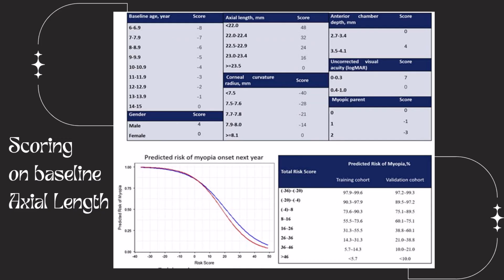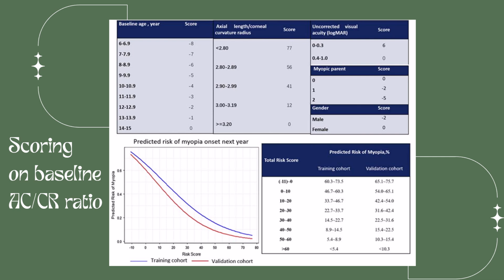The second factor was baseline axial length. You can see this was the score at this age, for male and female gender. This was the axial length, 22, 22.4, 22.5 to 22.9, and anterior chamber depth and uncorrected visual acuity were also taken. The third factor was the axial length to corneal radius ratio, which means axial length divided by the corneal curvature radius.